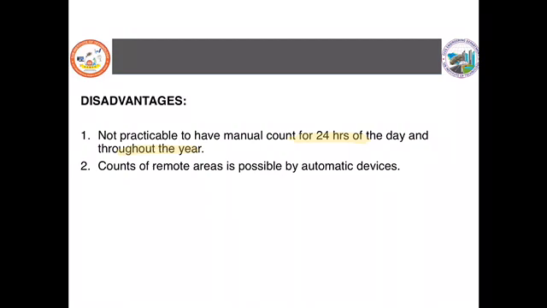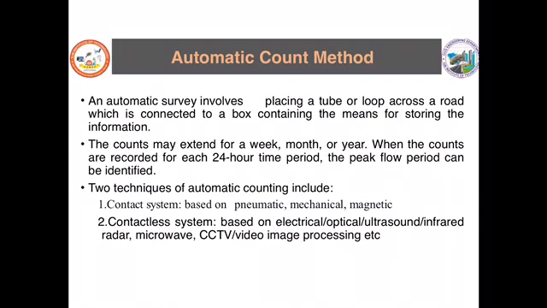So for such places you can use automatic devices. The drawbacks of the manual method are overcome by automatic counting methods. We have specialized equipment that records the number of vehicles as soon as they pass.